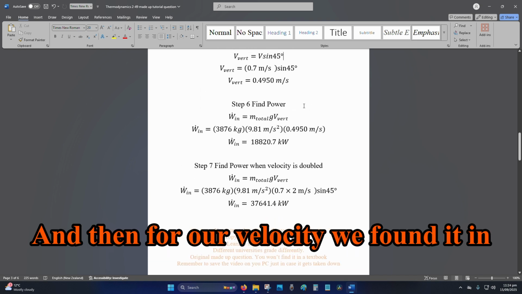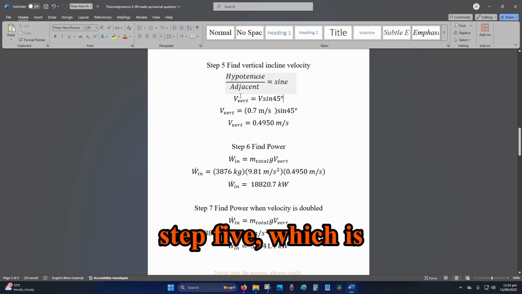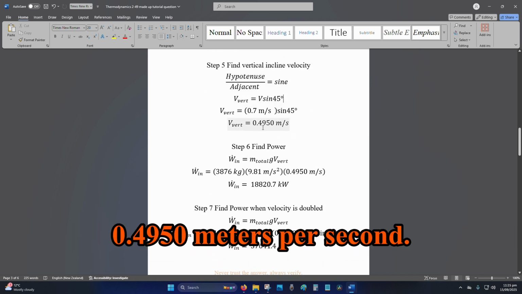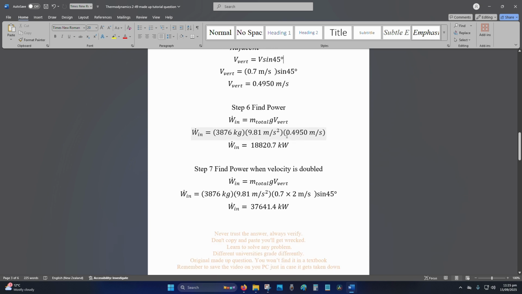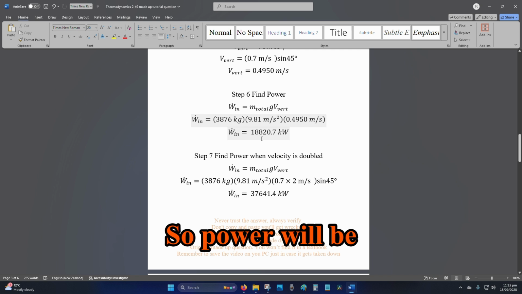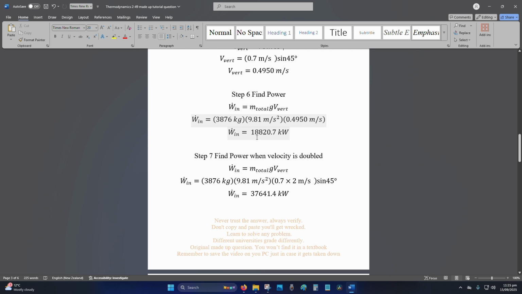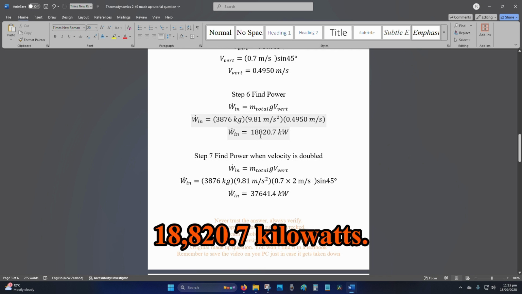And then for our velocity, we found it in step 5, which is 0.4950 meters per second. So power will be 18,820.7 kilowatts.